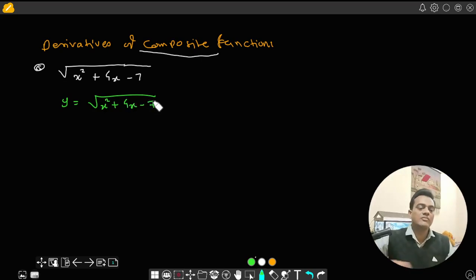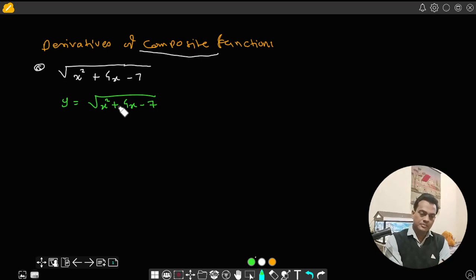So the net value of y depends on the value of x as well as its square root. Okay, so x square plus 4x minus 7, this expression is one function, and the square root of that quadratic equation is the second function. So, function of function. So how to solve this particular problem?